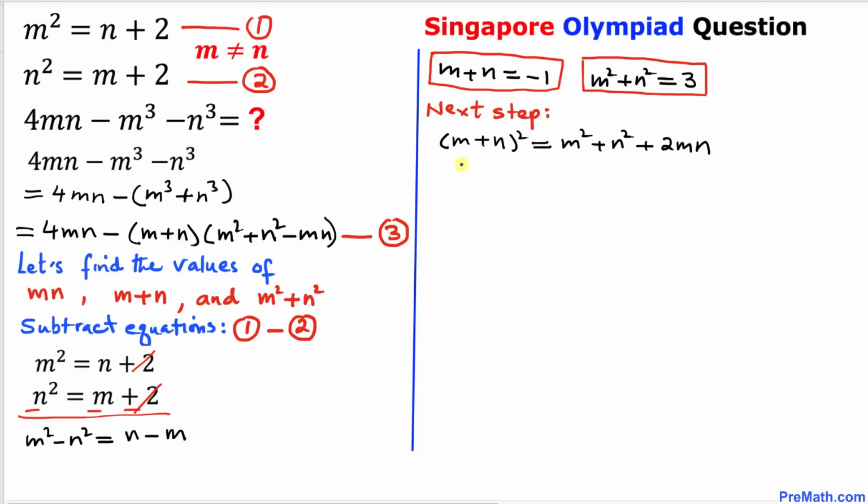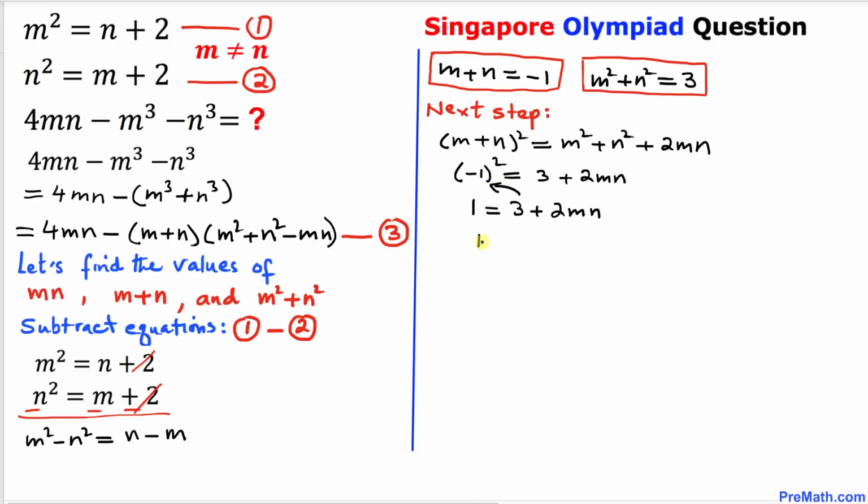So we can write (−1)² = 3 + 2mn. Now this (−1)² could be written as 1, so 1 = 3 + 2mn. Let's move this 3 to the left hand side.